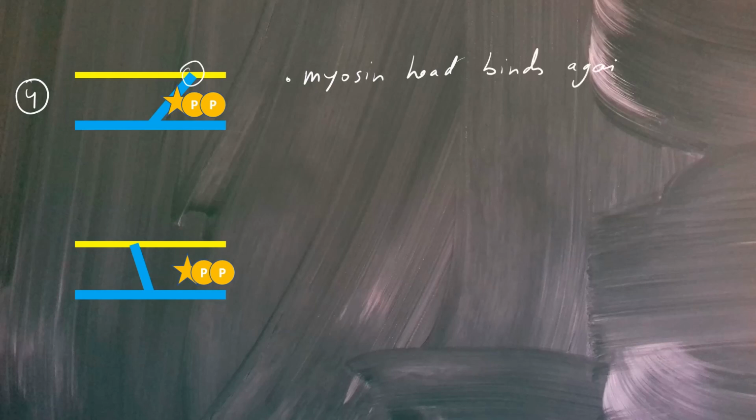Ooh, I already see that I've made a bad drawing. Over here, that is number 4. Look what happens to the myosin head here. The myosin head binds against actin on a different position, further downwards.